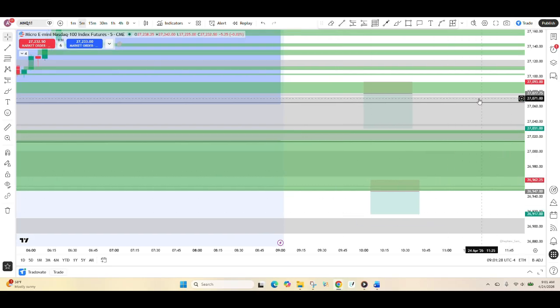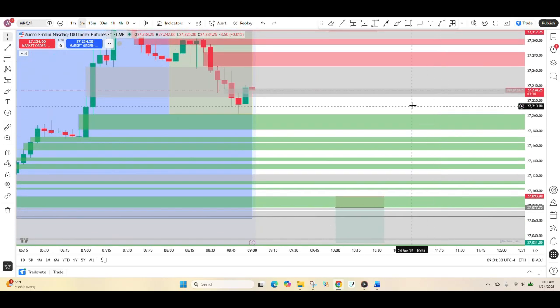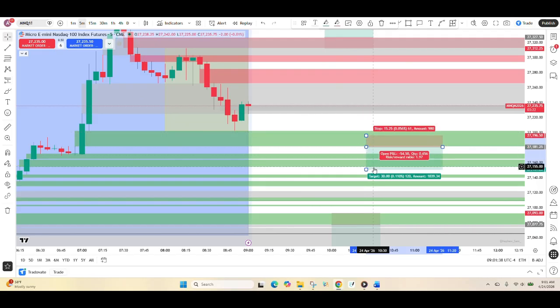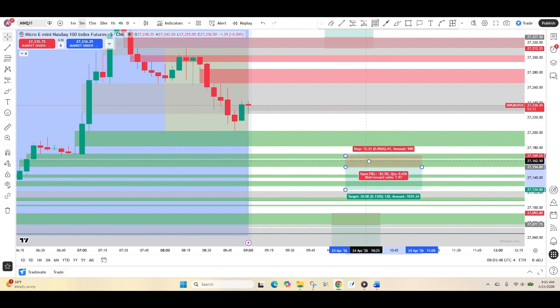Alright, so those are my 3 potential entries for the day. Again, I didn't take any of these because, as you can see, the space is not wide enough for a 30-point take profit. We'd be going through other fair value gaps, and we don't want that.